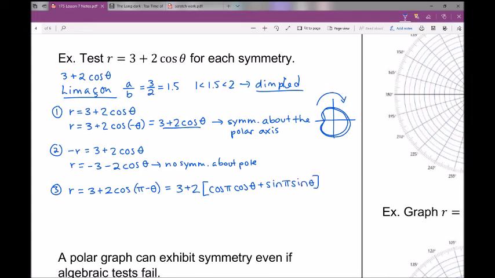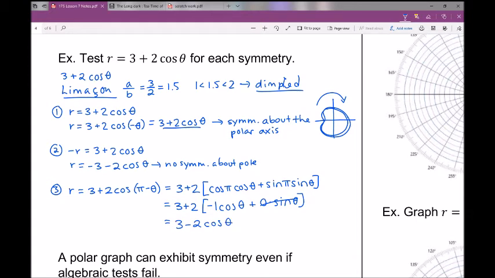All right. And if we think about what the cosine and sine of pi are, we get 3 plus 2 times negative 1 times the cosine of theta plus 0 times the sine of theta. So if we do a little bit of algebra, this term goes away, and what we're left with is 3 minus 2 times the cosine of theta.